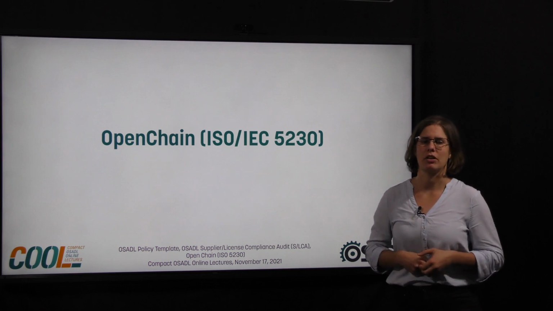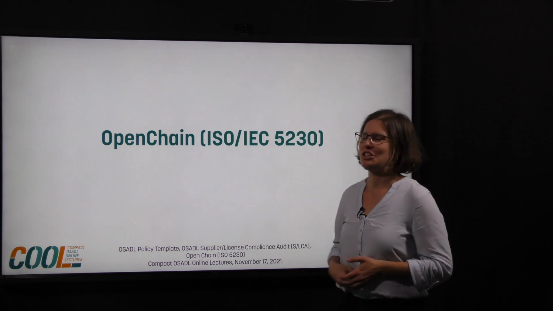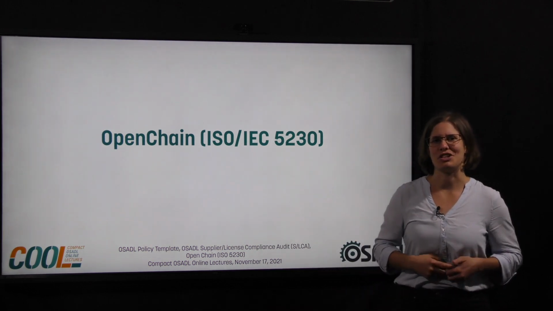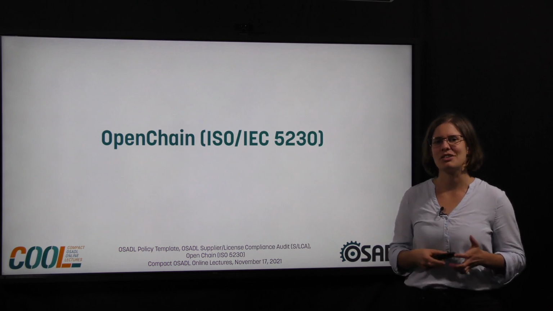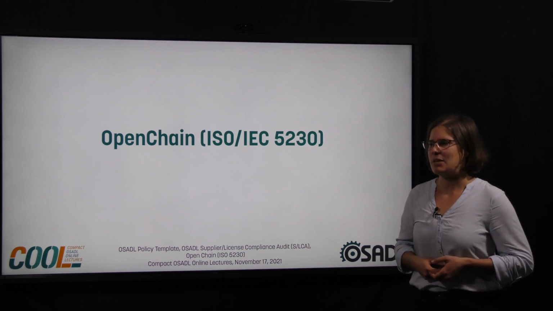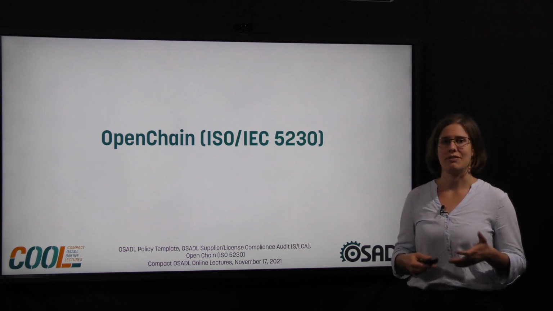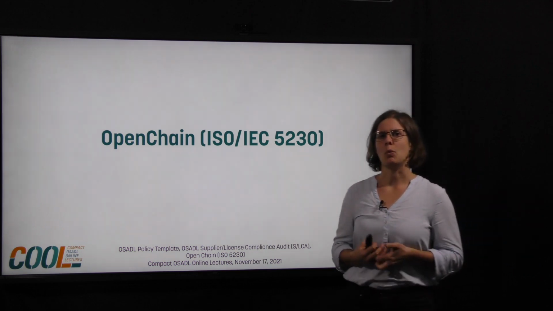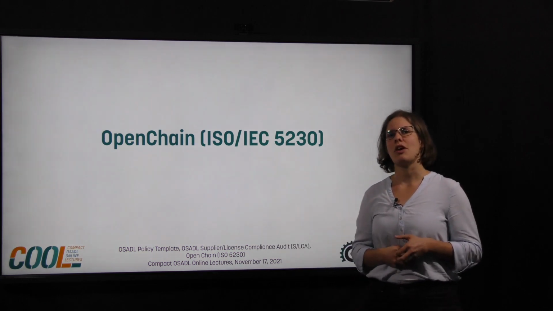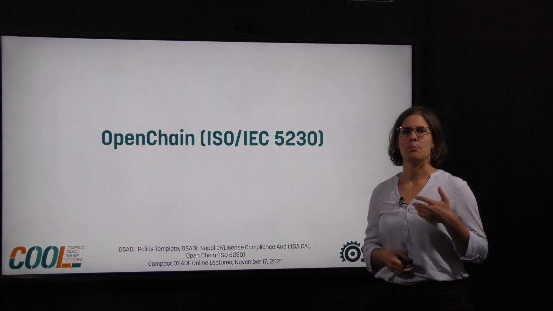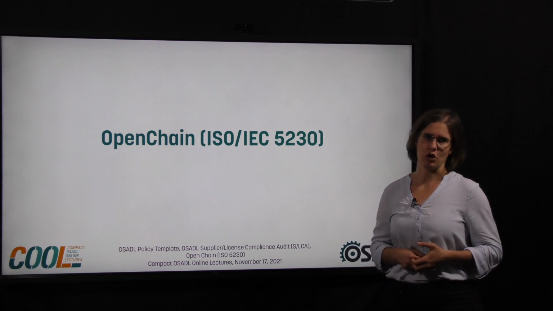Now, a little bit on the history of the supplier license compliance audit. You just saw this very fluent change into the OpenChain ISO standard, because the SLCA was historically developed at OSADL and then went over to the Linux Foundation, and this is what the OpenChain project was based on when it first started.